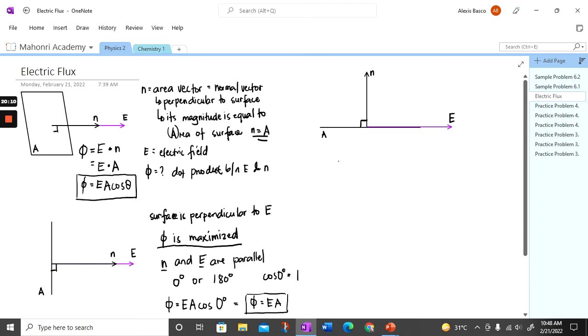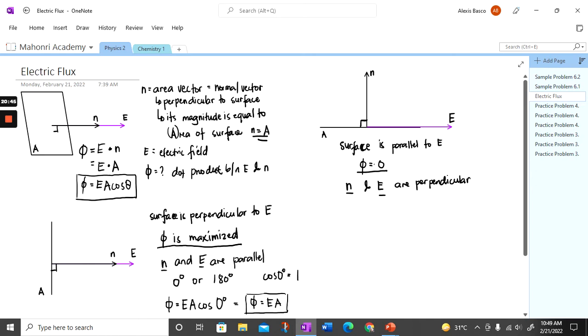And what you're seeing right now is that when the surface is parallel to E, basically the electric flux will always be 0, because what that means is that N and E are perpendicular.